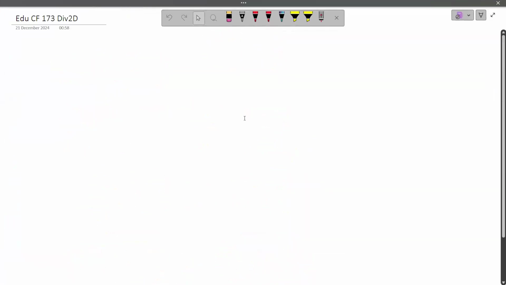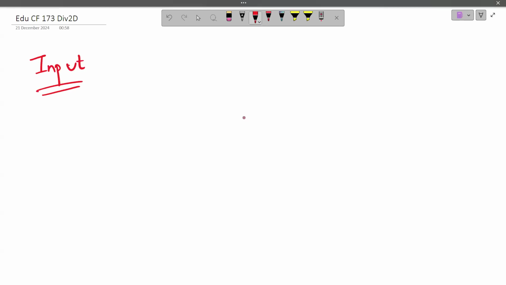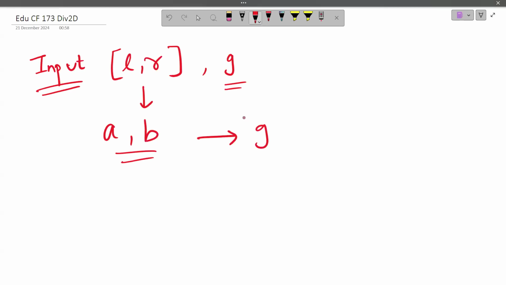So let me quickly explain the problem. The input which will be given is three values. A range L and R will be given, and a number G will be given. And we need to output two numbers A and B in this range such that the GCD of A and B is G, right?